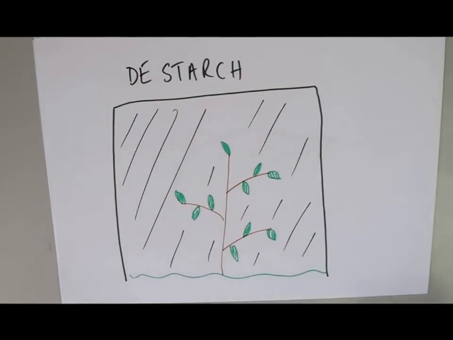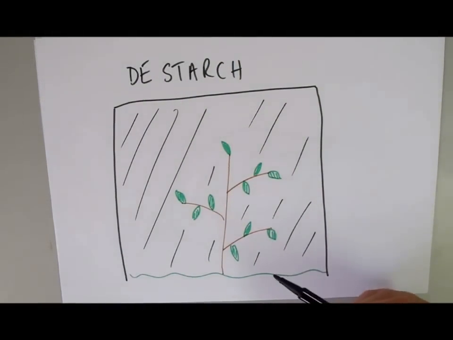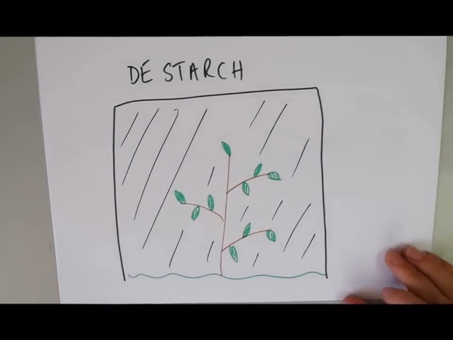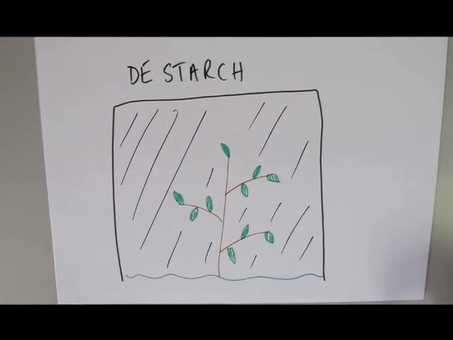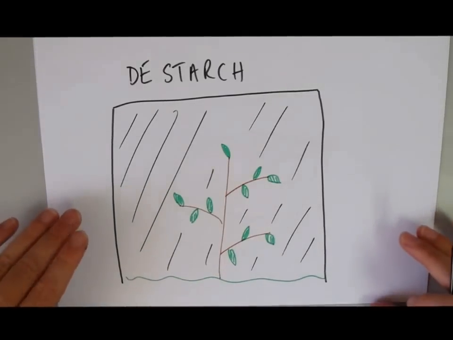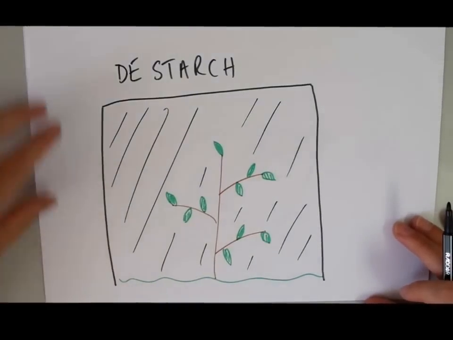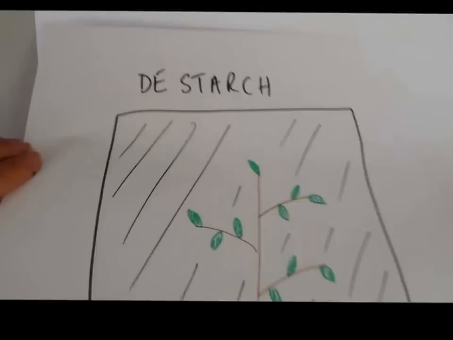So when these leaves come out of this box, they will have no stored starch in them. Then when we test our leaves for starch after our experiment, if they have starch in them, we know it's as a result of what we have done, not just because the plant was photosynthesizing before we started the experiment.